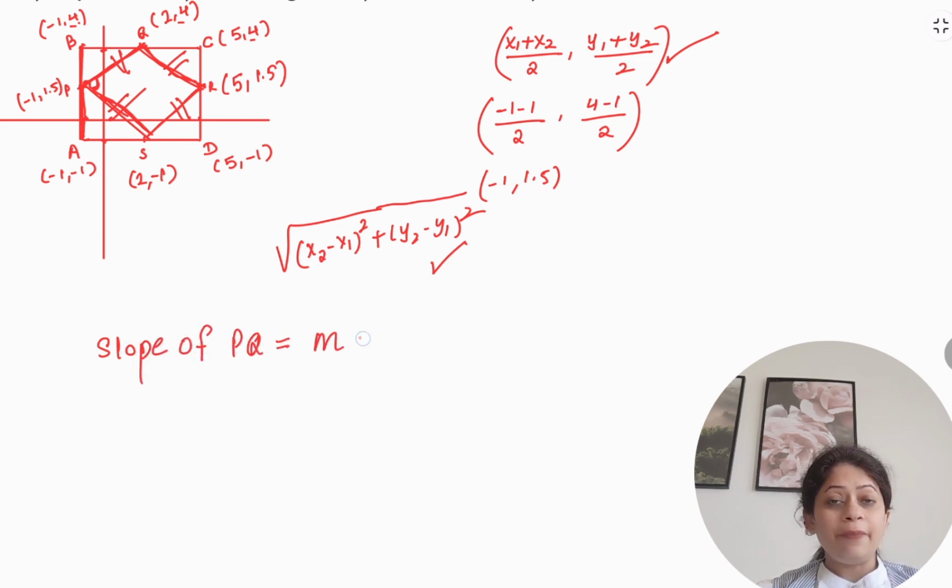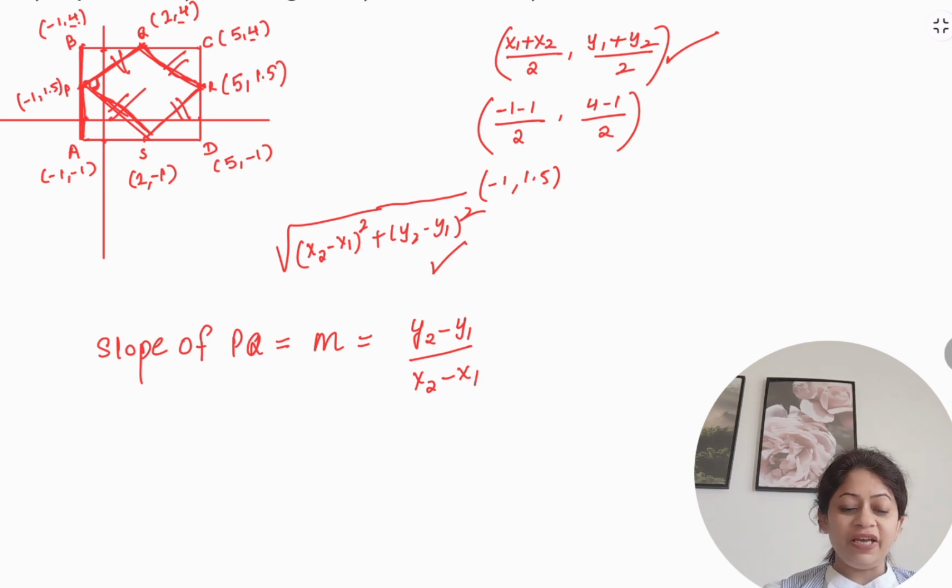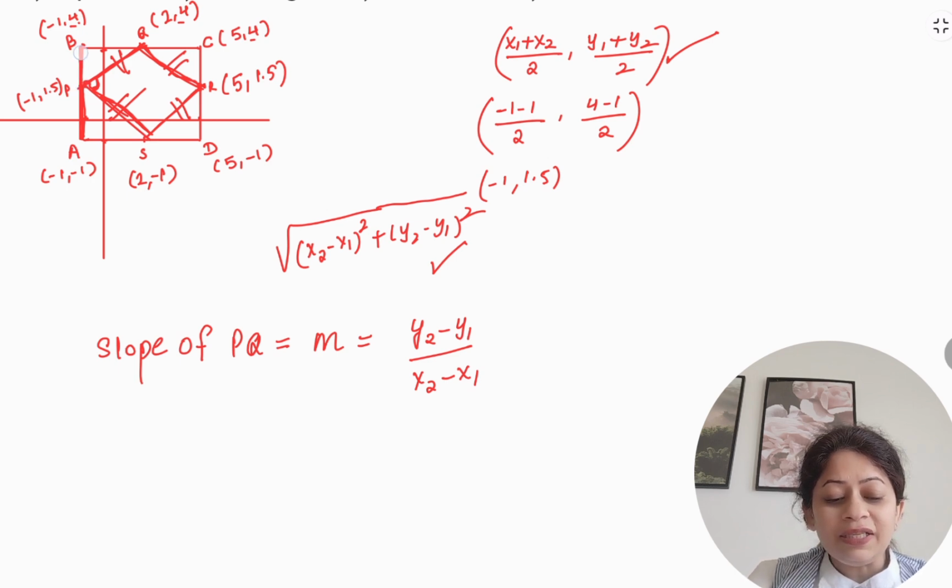Slope is known as m, and the slope formula is (y2 minus y1) by (x2 minus x1), change in y by change in x. The change in y is from 1.5 to 4. You can see it this way or directly apply the formula. I will apply the formula first.